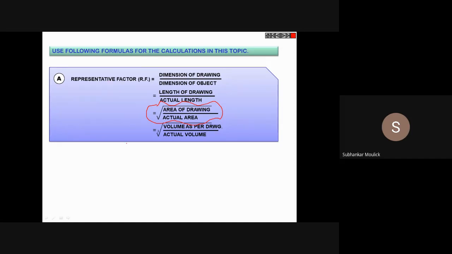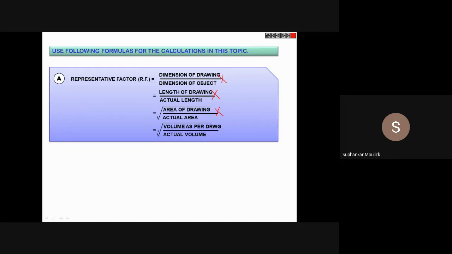So you have to read the question carefully and then decide which formula is applicable to get the value of RF. Say if you are solving a problem of cylinder, then in cylinder definitely this formula will not work. If you want to draw a scale of some cylinder, definitely this formula will also not work, because in cylinder gas is there, fluid is there, which exerts some pressure.